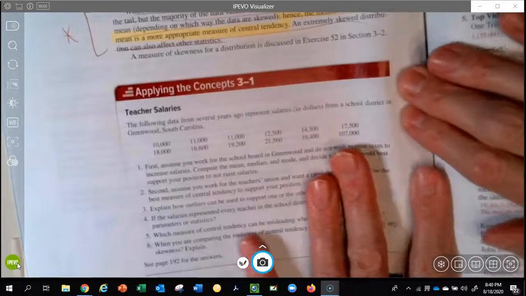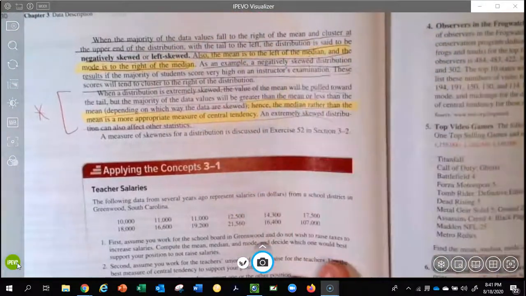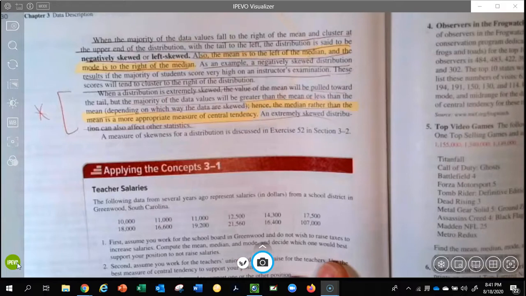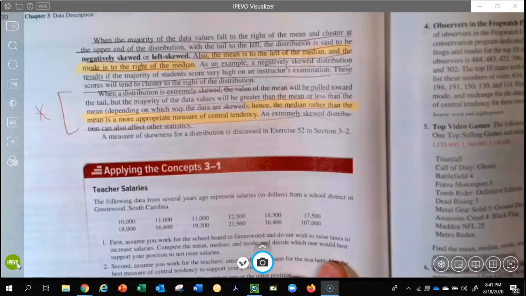At the top of the next page, it is saying when the majority of the values fall to the right of the mean. And it talks about the cluster, and where the mean and the median and mode fall. But again, I just like to think median's going to be in the middle, mode's going to be the tallest one, and mean's going to be on the other side from the mode.